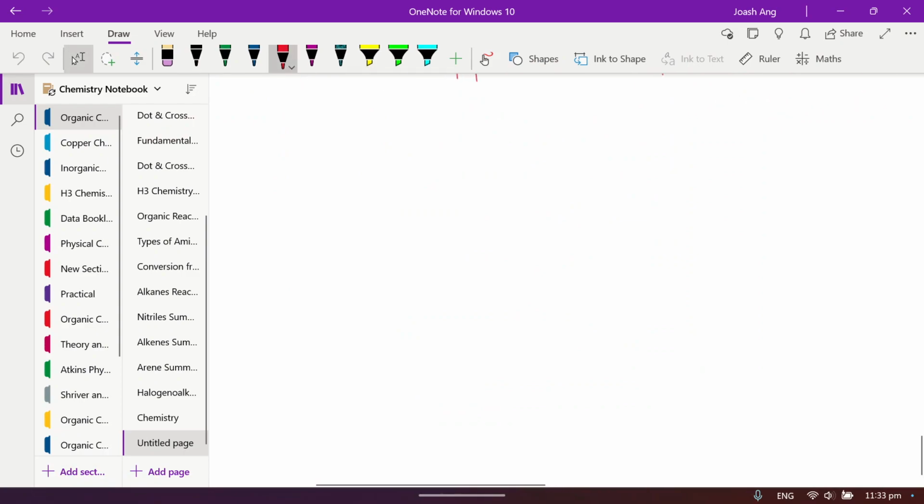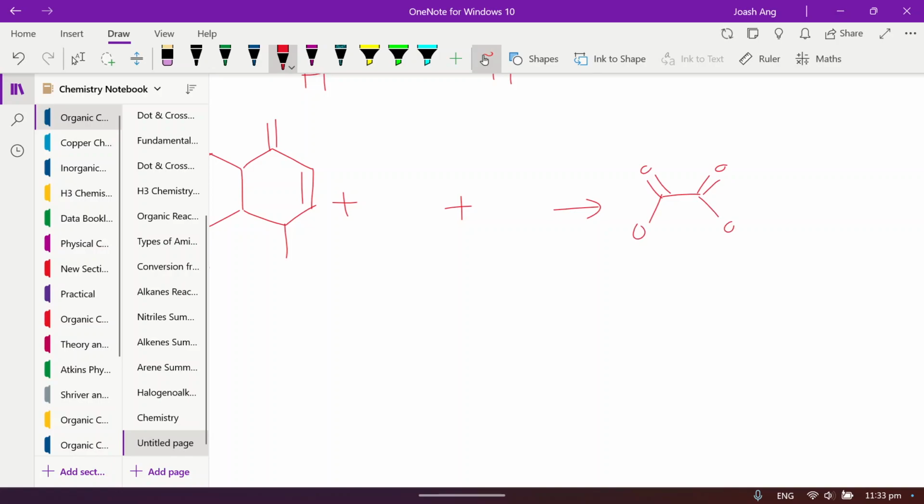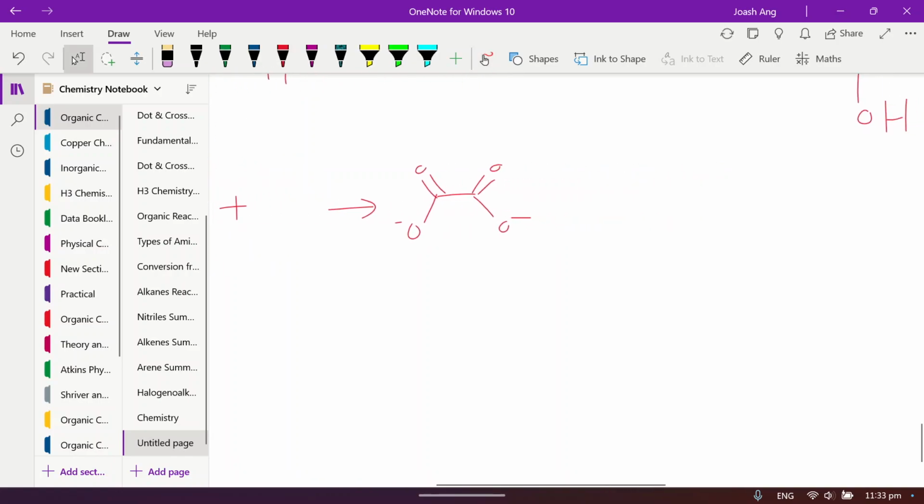This is how you balance it. So we will form this anion, and then we'll also form this also.